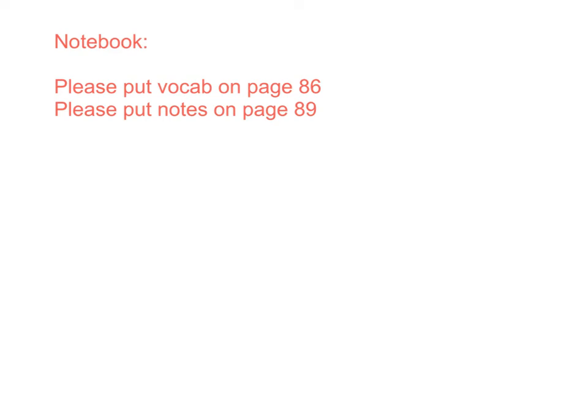All right, so for your notebook, we should be on page 86 and 87. I would like you to please put the vocab page on 86. Leave 87 blank just for now. And then please put the notes on page 89. I know this seems kind of weird, but we are going to do some other things on those pages.